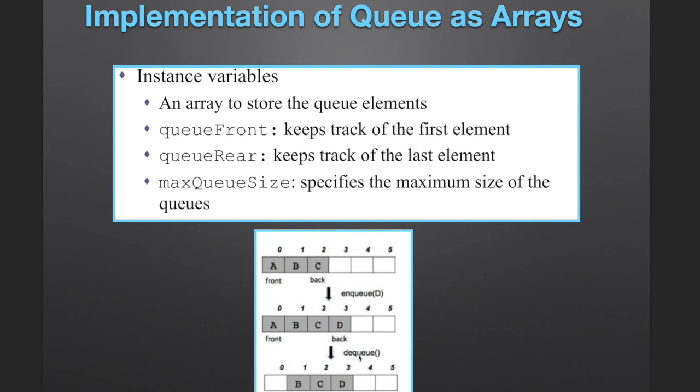If you want to dequeue, you can see it doesn't have any parameters. Why is it so? Because we don't have any options, right? We just dequeue whatever is at the first position, which is position number 0. So it just removes A from your queue.